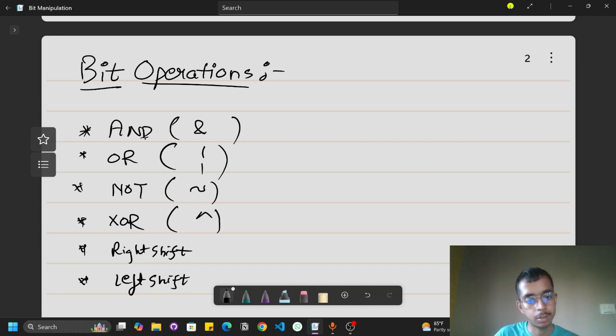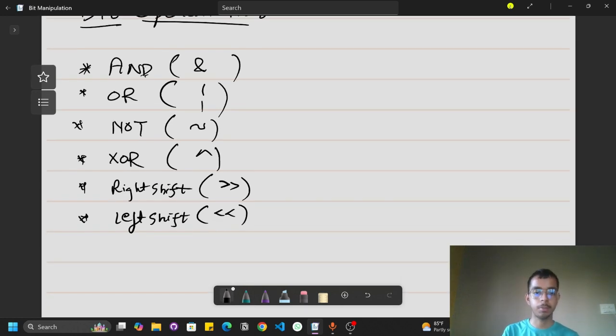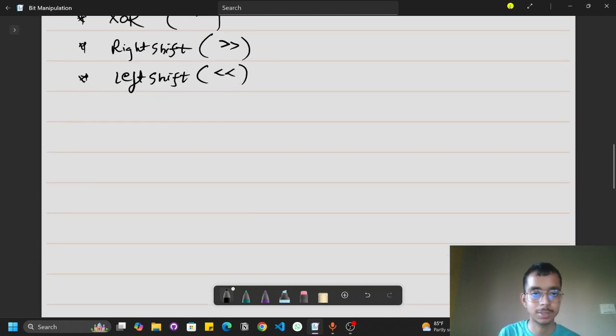Then you have XOR, right shift, and then you have left shift, like shifting the bits to the right and shifting the bits to the left. Okay. So we are going to see one by one what these operations are.